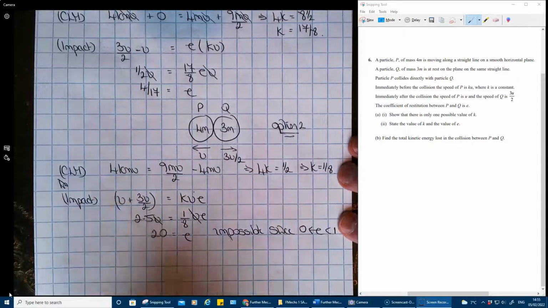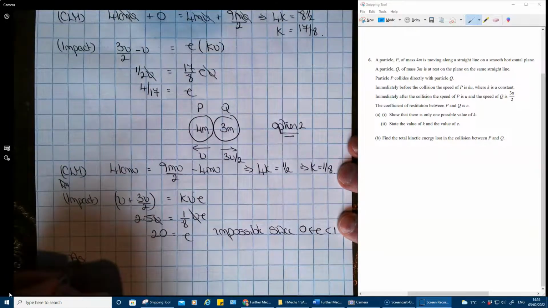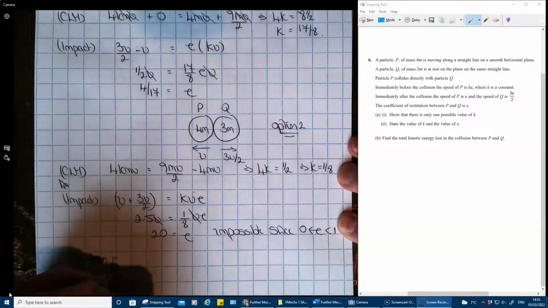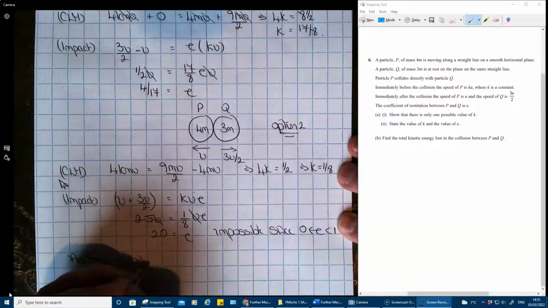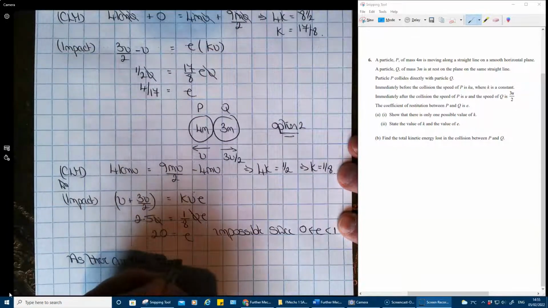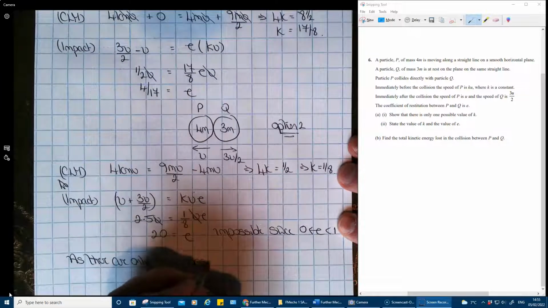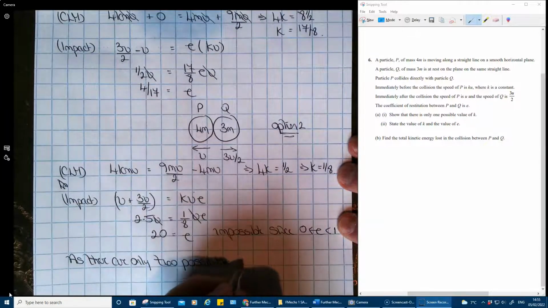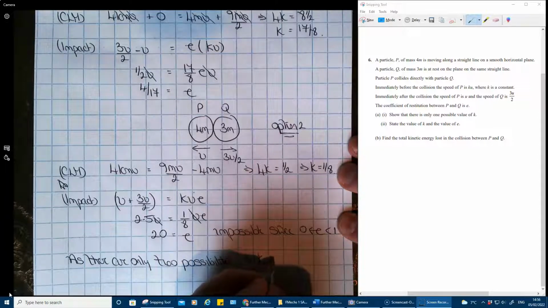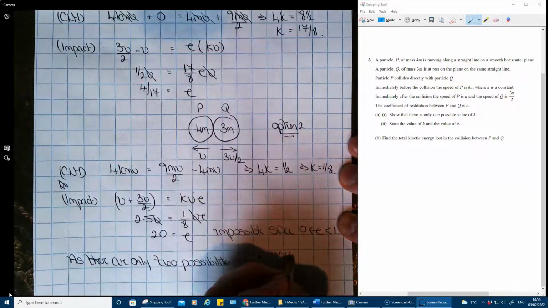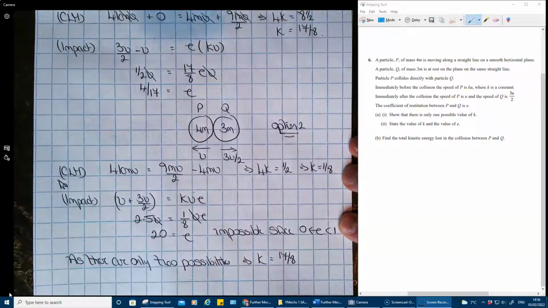And so we can conclude, as there are only two possibilities, we can say that k equals, first option, 17 over 8.